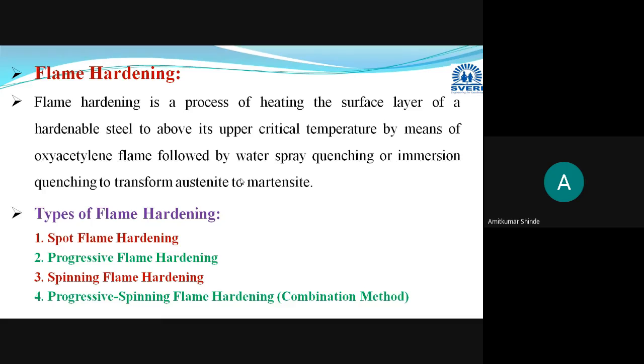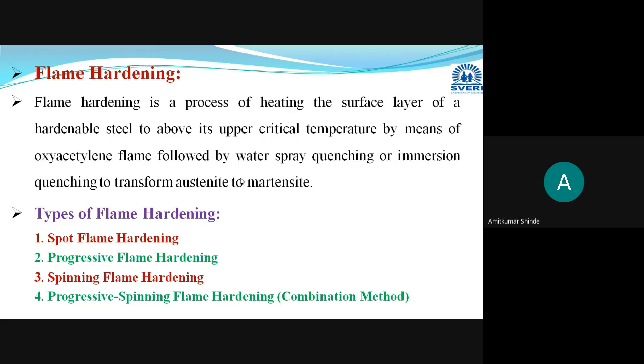Here you can do the cooling by spraying water on the surface of the steel, or you can directly take the steel component and do the immersion method. Immersion is nothing but directly dipping the component into the water.